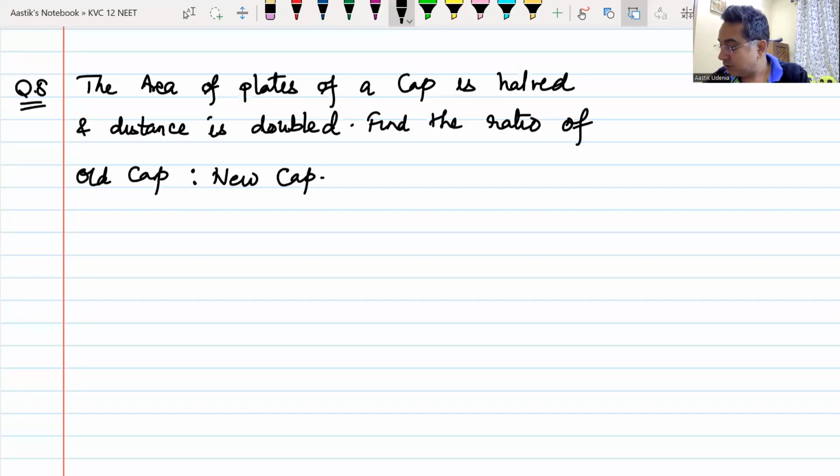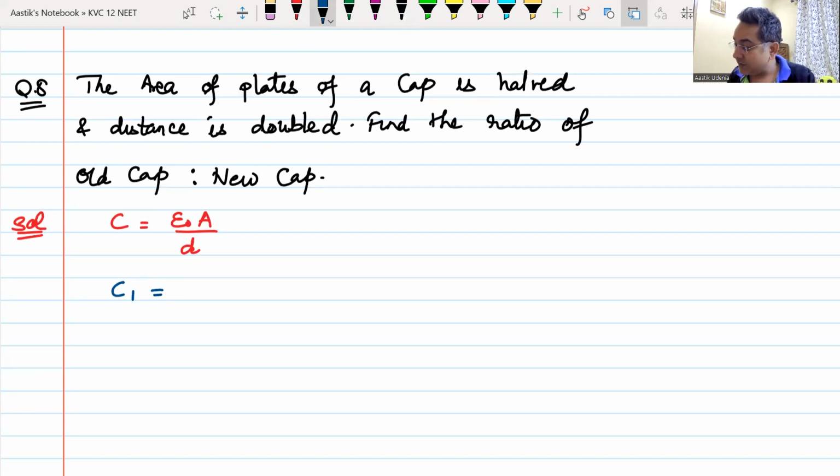1:4, sir. Okay, so how are you going to do this? If I call the original capacitance C, that is epsilon naught A by D. Now, if I call the new capacitance C1, epsilon naught, area is halved so A by 2, distance is double so 2D. The new capacitance becomes epsilon naught A by 4D.